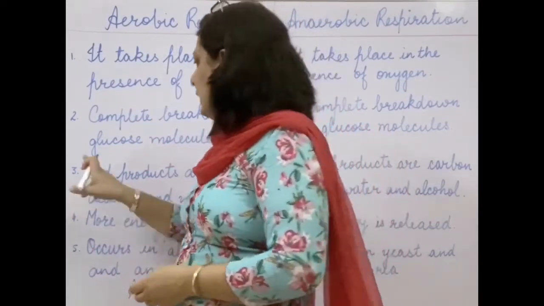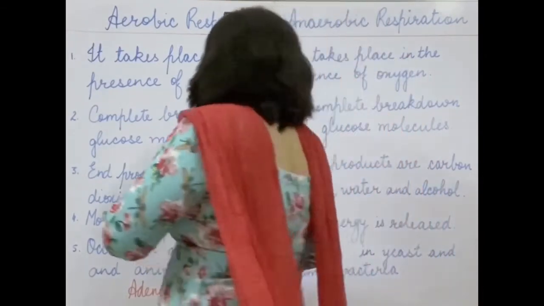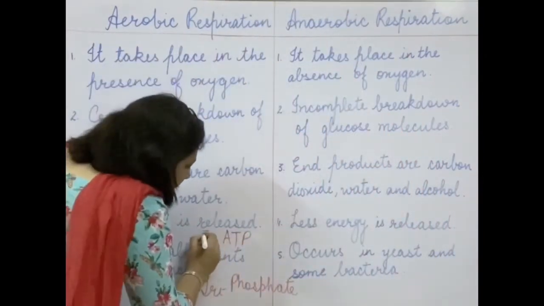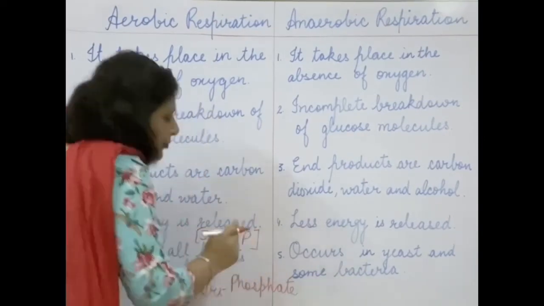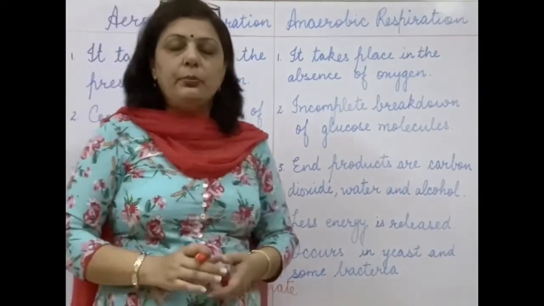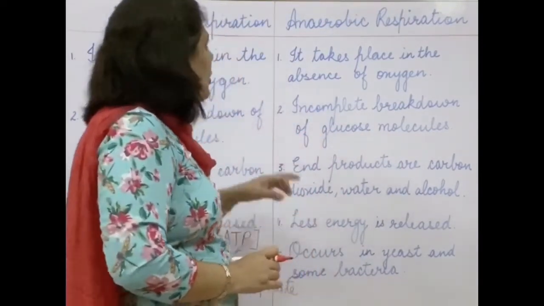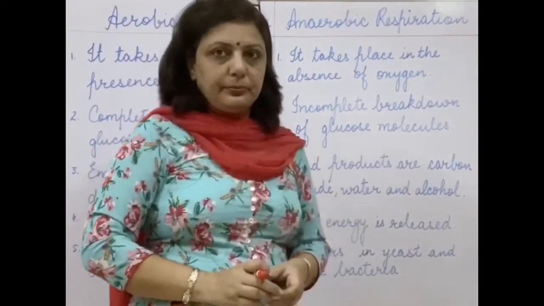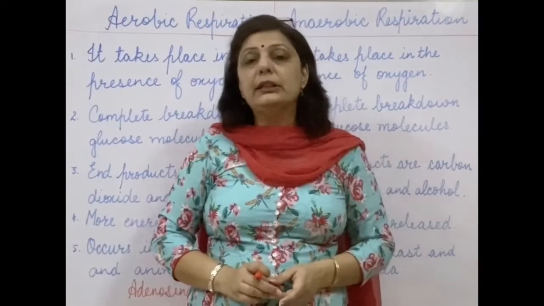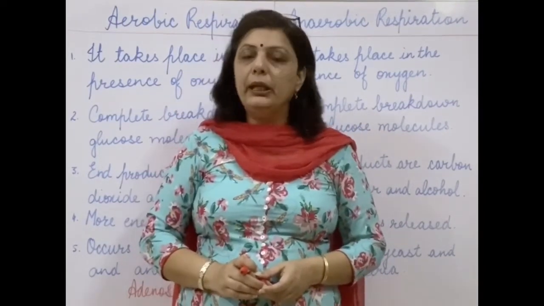Now here in case of aerobic respiration, the energy released is around 38 ATP. Means 38 molecules of ATP will be released. Means a lot of energy will be released in this case. Whereas in case of anaerobic respiration, less energy is released. Means ATP molecules will be formed, but they will be less in number.